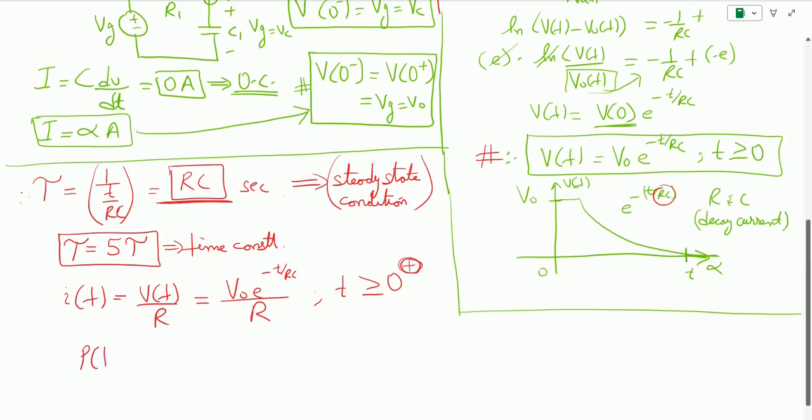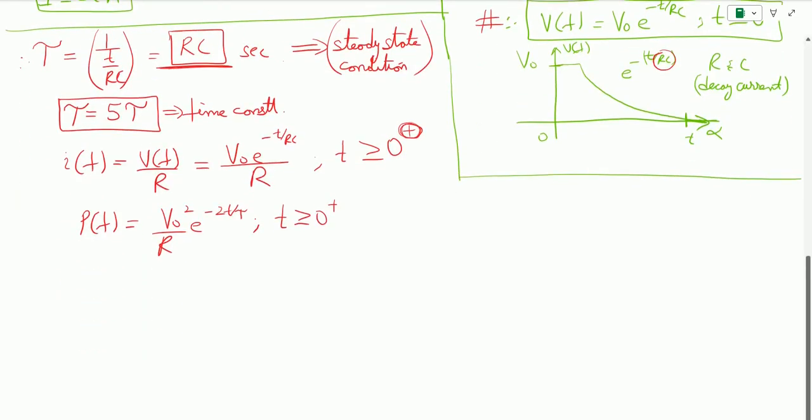Similarly, the power comes out to be V naught square by R, e raised to power minus 2t by tau, for t greater than or equal to 0 plus. And finally, energy for this RC circuit comes out to be half C V naught square, times 1 minus e raised to power minus 2t by tau, for t greater than or equal to 0 plus.